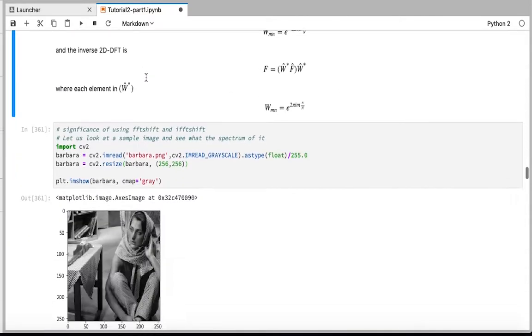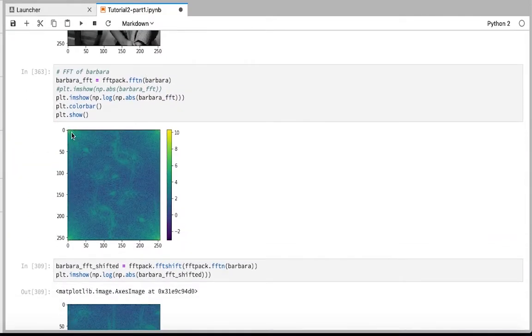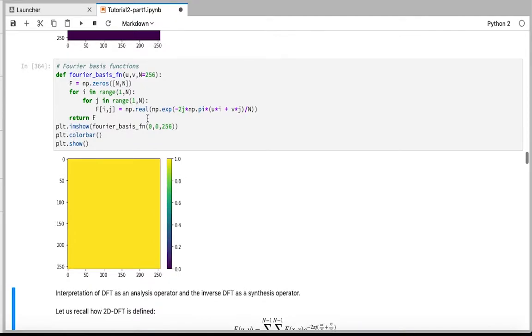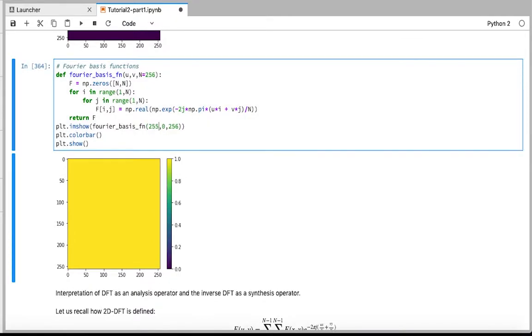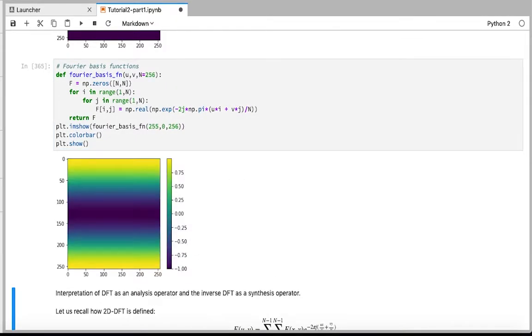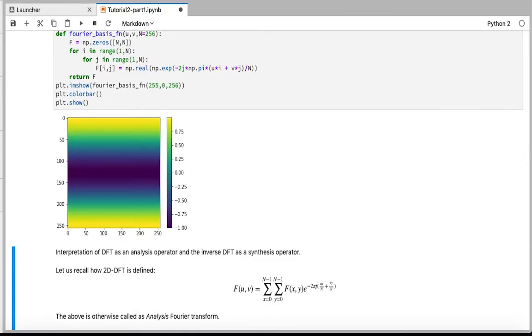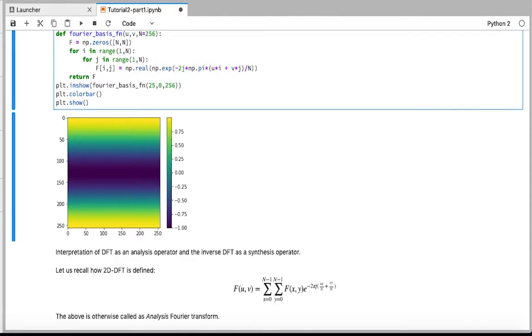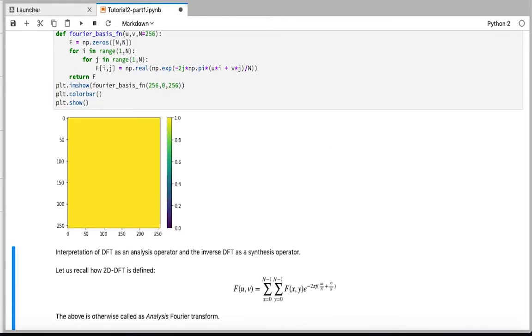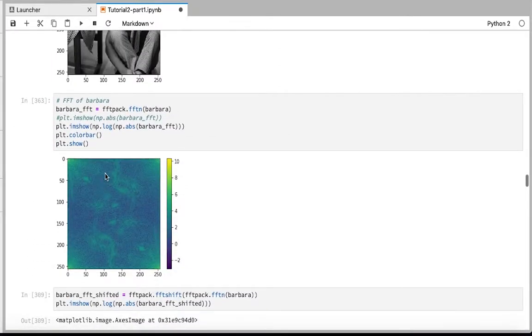You see that there are high values here, and when we go from top to bottom, it's kind of repeating. In the end, when you do 256 comma 0, you again end up with low frequencies. That's why you see this kind of structure. Here there are low frequencies, here again low frequencies, here and here.